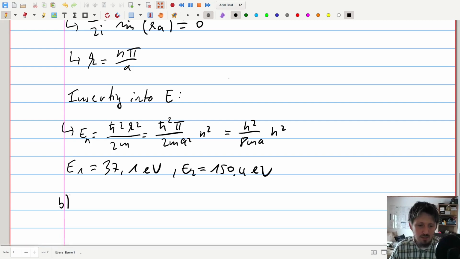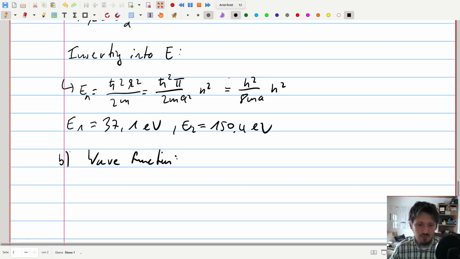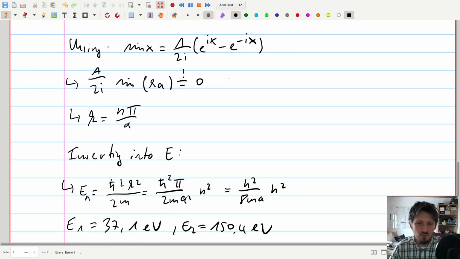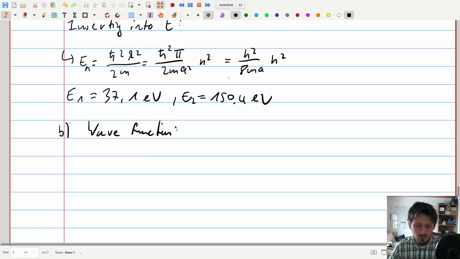So now coming to part B, where we actually want to derive our wave function of the electron. And we have it already, the wave function in principle. We have defined that here. So maybe I can write it one time more down.